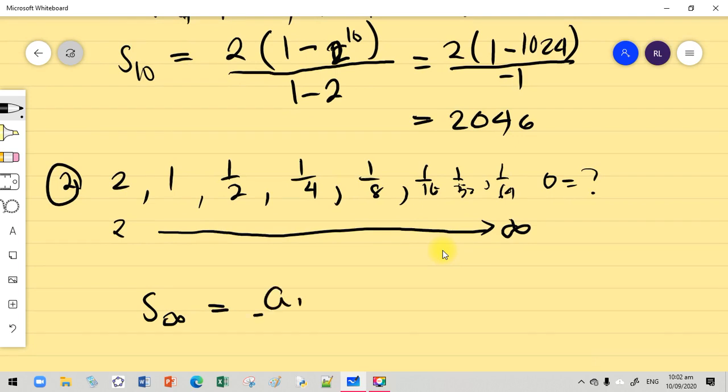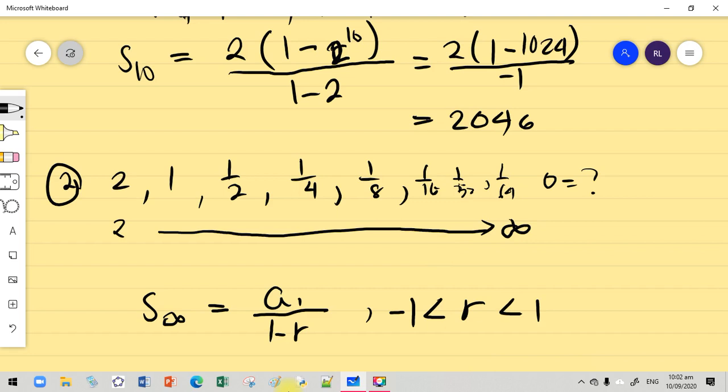a sub 1 over 1 minus r. Specifically, this one is applicable if your common ratio is greater than -1, but less than +1. Obviously 0 is a restriction.